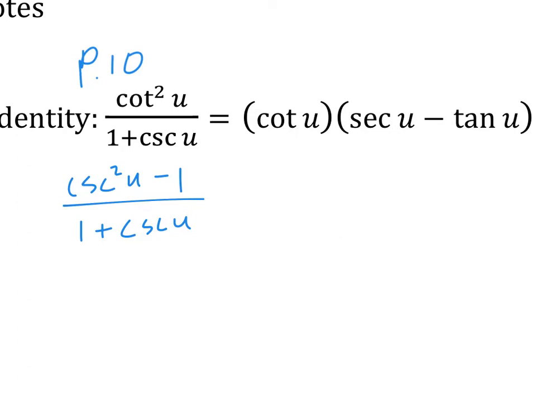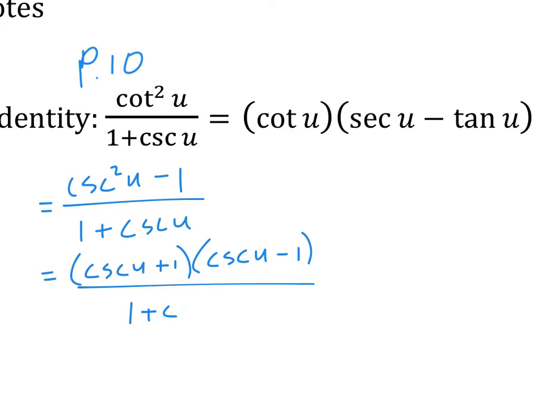Okay, now what? Yeah, so we can factor that. Okay, and then we can see that this is going to cancel. And then we get cosecant u minus 1. That does not look like we are ever going to get to the right-hand side.